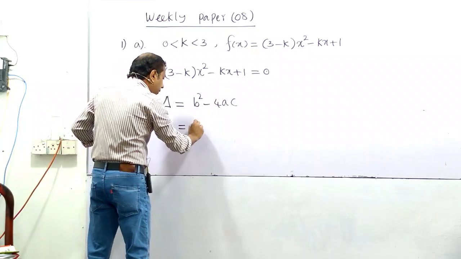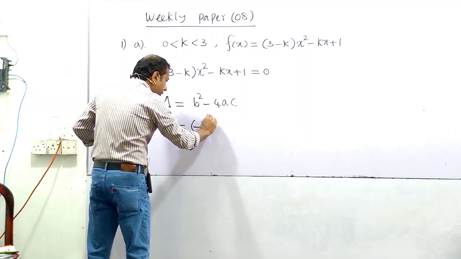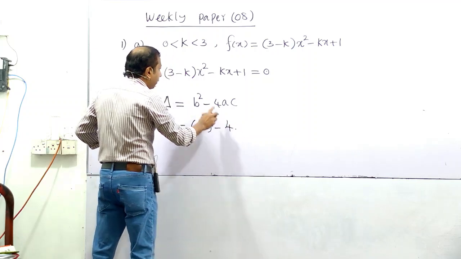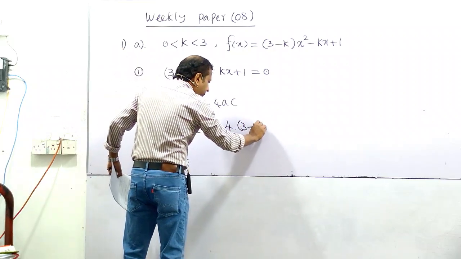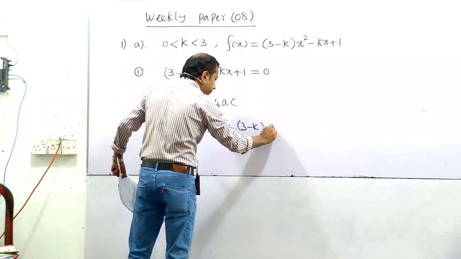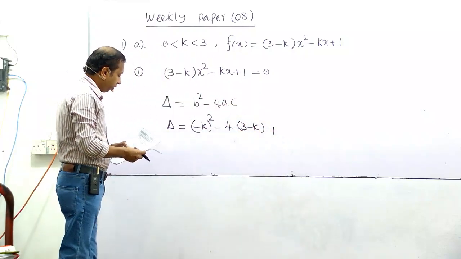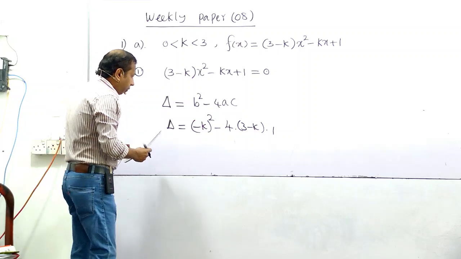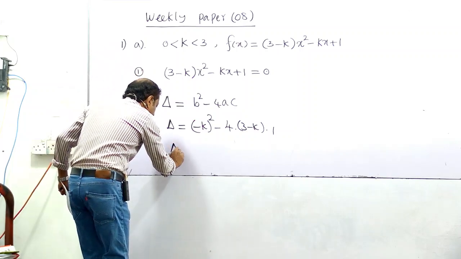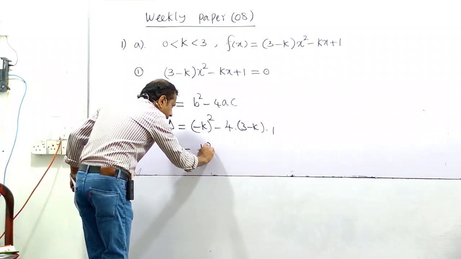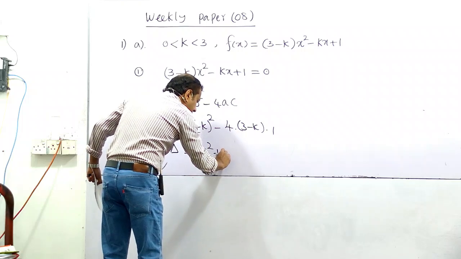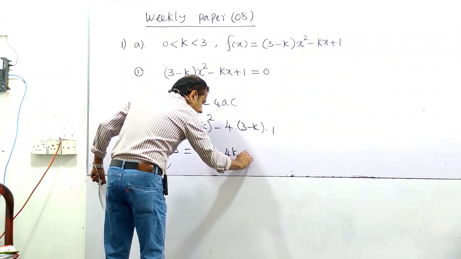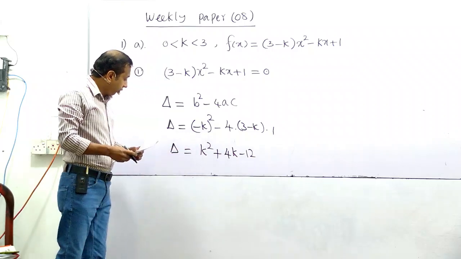Delta is minus k perfect squared, minus 4 times a, which is 3 minus k, times c, which is 1. Now, when you simplify this, we get delta equals k squared plus 4k minus 12.